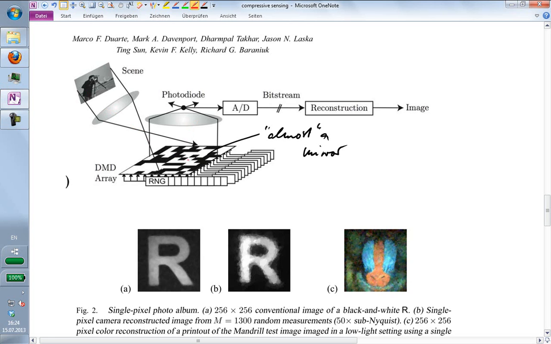If you were to acquire, let's say, this image of the photography here, this would be a rather complicated way of acquiring an image. The rationale here, beyond showing that it's possible to get away with much fewer measurements than you would expect from the Nyquist sampling theorem, is that it is easy to build a camera in the visual, let's say, but for instance, if you have a camera that is to function in the infrared regime, this is much more complicated to build, at least in the far infrared, much more expensive.